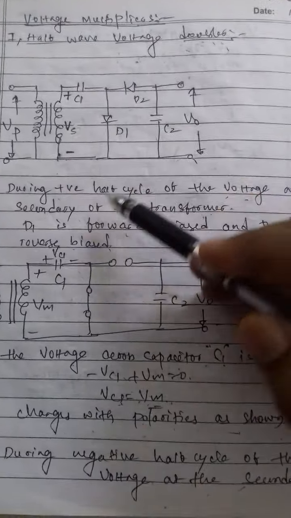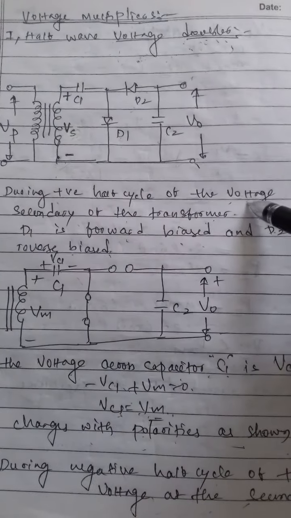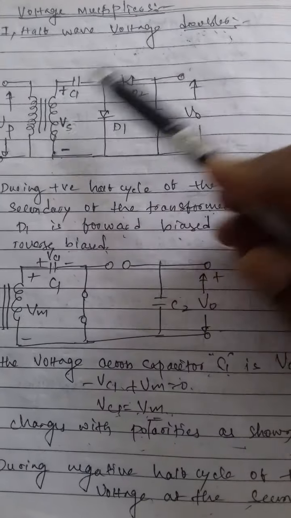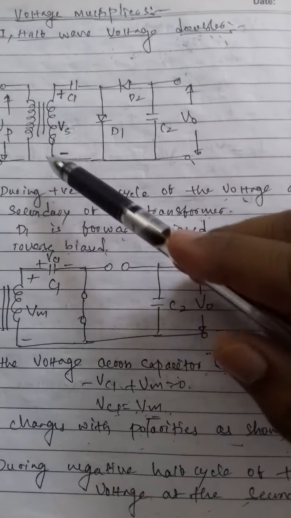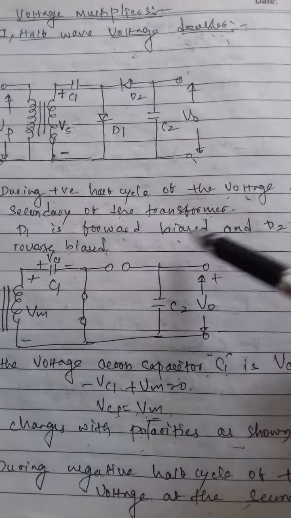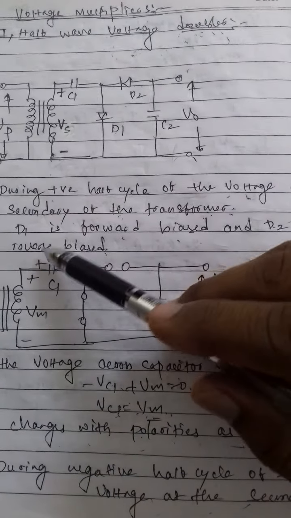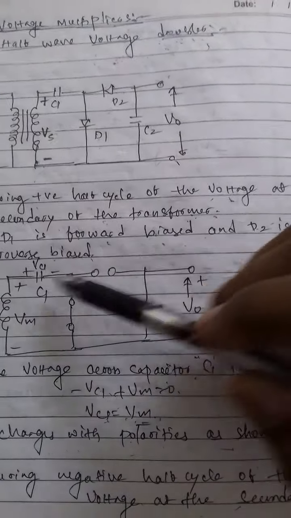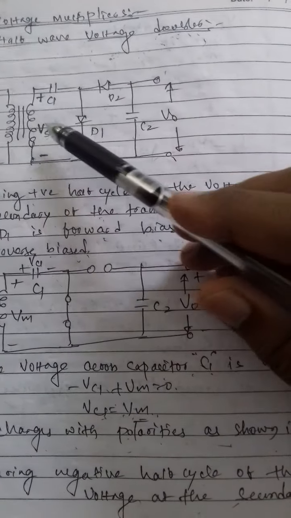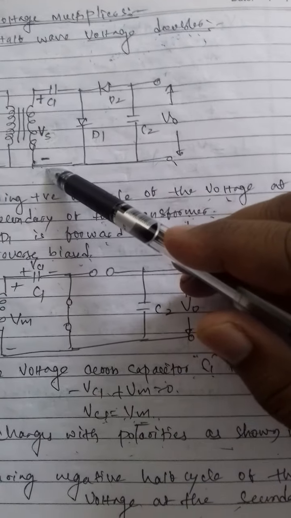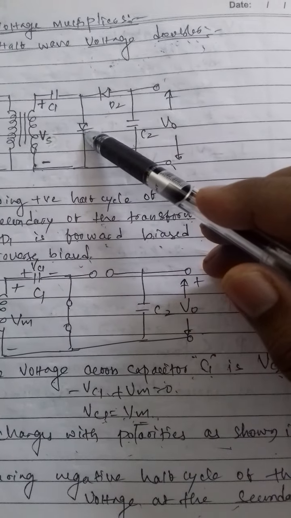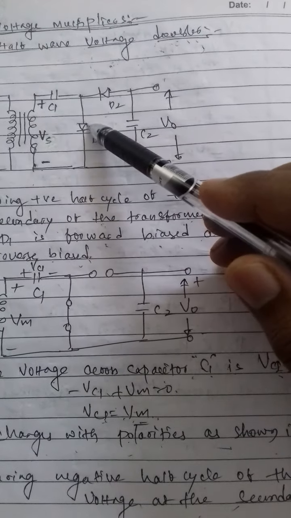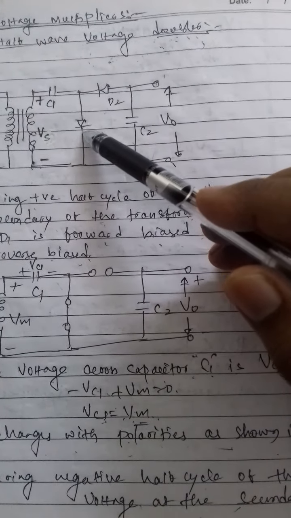Now during the positive half cycle of the voltage at the secondary of the transformer, diode D1 is forward biased and D2 is reverse biased. Because here this one is positive, this is negative, so this diode is forward biased, because the voltage at the anode of this diode is more as compared to the cathode.